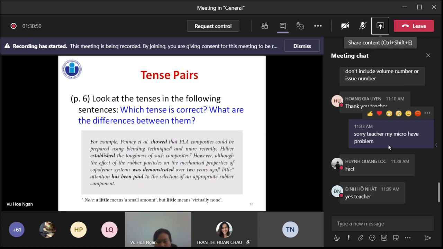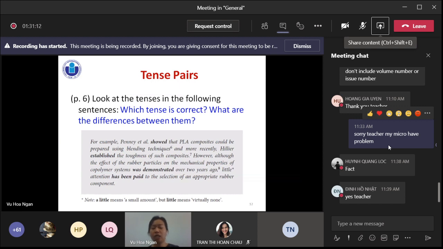Okay, let's get back in here. So those are the uses of simple past tense and present perfect. With verbs like showed, established, was demonstrated, the event or actions started and completed in the past.